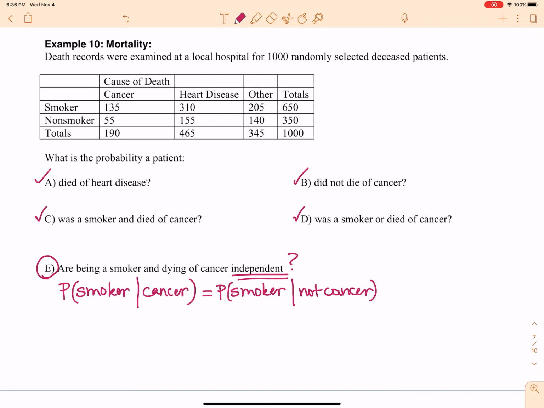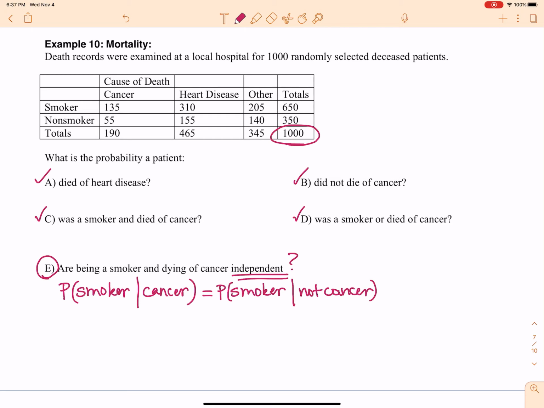All right, if you notice, anytime I've got probability, my probability is always a fraction. That holds true with conditional probabilities as well. So that means that if I'm dealing with the probability of smoker given they died of cancer, that is a fraction, just the same as if I had asked you what's the probability someone who's a smoker died of cancer. But this time that symbol in the middle of smoker and cancer indicates to me that I'm not looking at all 1,000 people.